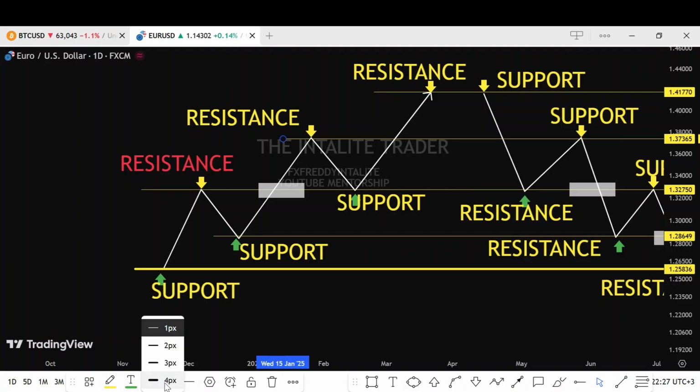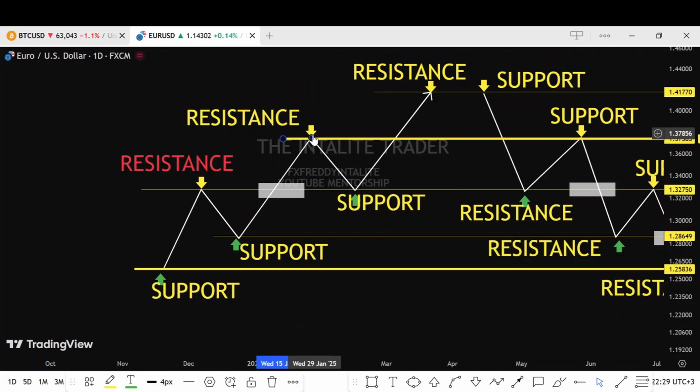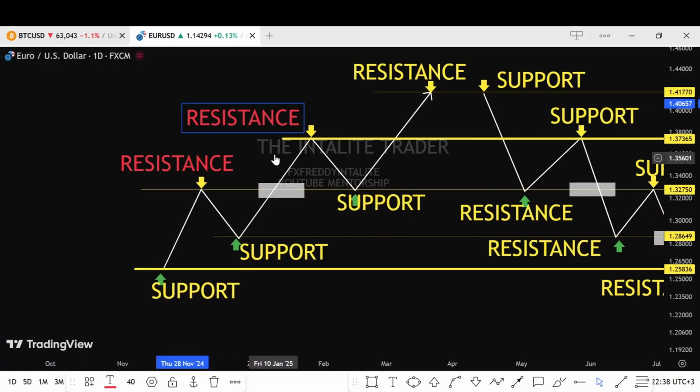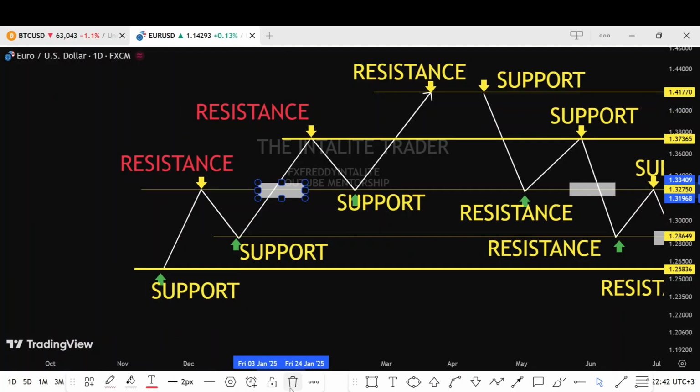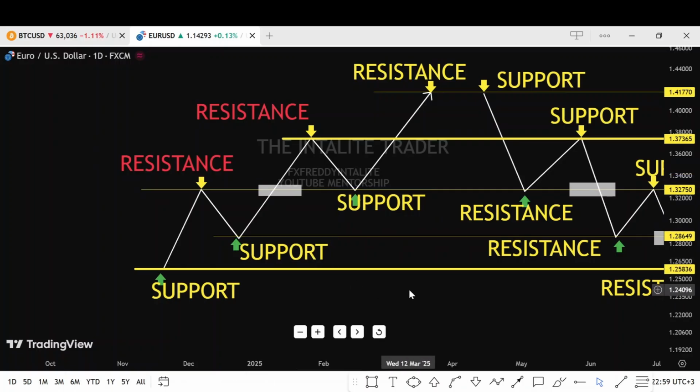Once this price breaks this resistance and it forms another level, let's say it finds rest at this level here, we shall call this resistance. And because price broke the previous resistance level, this previous resistance level was broken, so we are going to call this a breakout momentum.